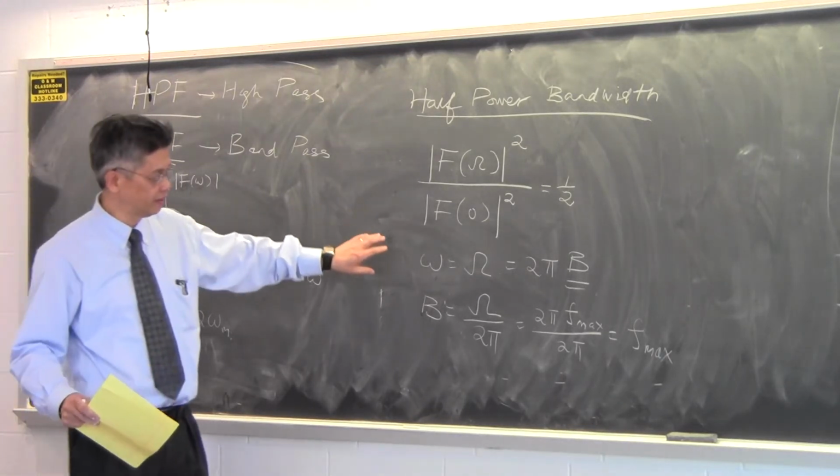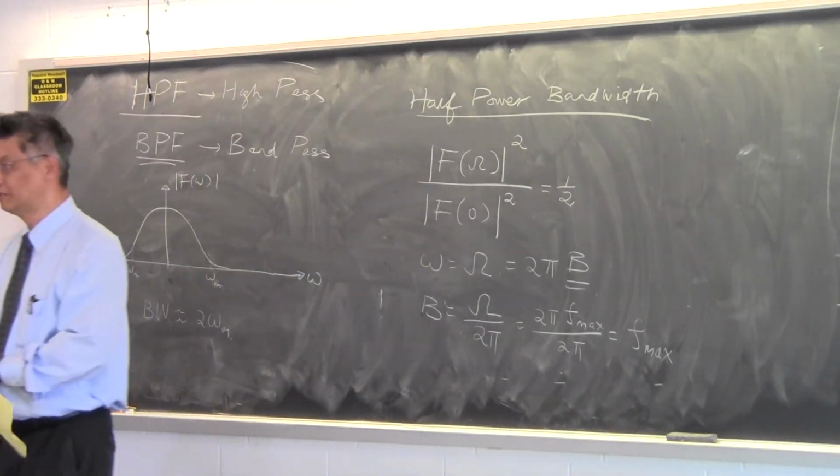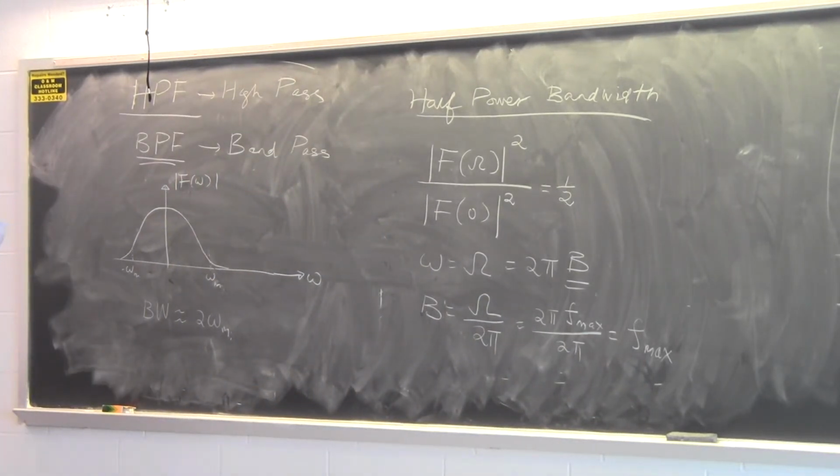So the bandwidth of this signal, which drops to half its original value, is called the half power bandwidth. And it's also called the 3 dB bandwidth. Why 3 dB? 3 decibel is 10 log base 10 of 1/2. Right. If you take the log of half, times 10, it is about minus 3. Log of 2 is actually 0.3010. So if you multiply by 10, you get 3.010.